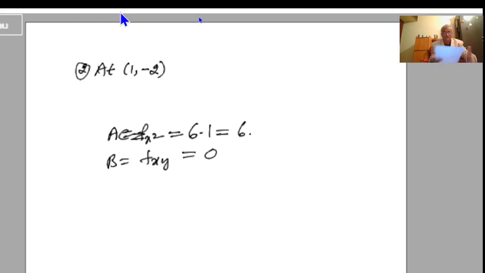And C is fy square, that is 6y, which is 6 into y. Y equal to minus 2 here, so this is 6 into minus 2, which is minus 12. So we have got A, B, C.